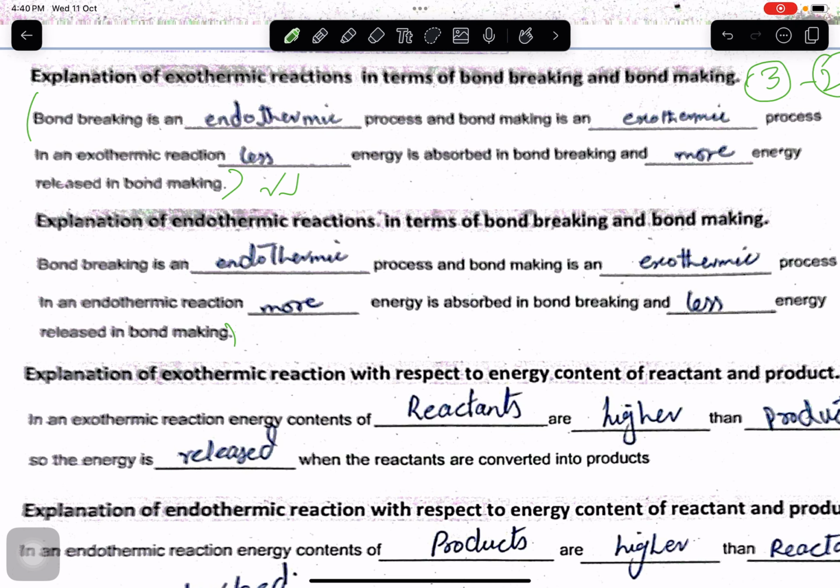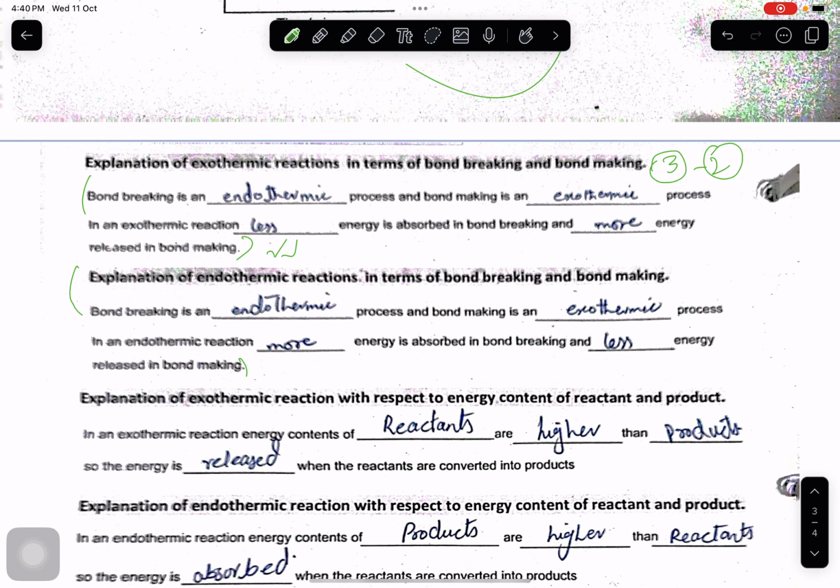Bond breaking is an endothermic process, and bond making is an exothermic process. In an exothermic reaction, less energy is absorbed in bond breaking and more energy is released in bond making. So this is for endothermic, this is for exothermic, but just the words are changed, otherwise the statement is the same. So I hope it's clear to you.